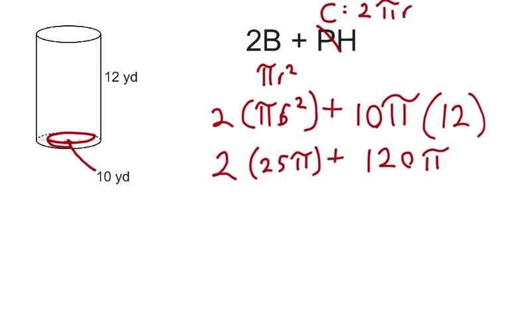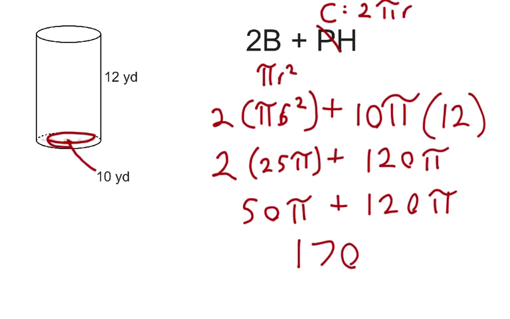Okay, 2 times 25 pi, 50 pi, plus 120 pi, add the two, 170 pi yards squared. That's my answer. Okay, if you ever get confused, you can always rewind this, take another look. Okay, but this shouldn't be too crazy or difficult for you.